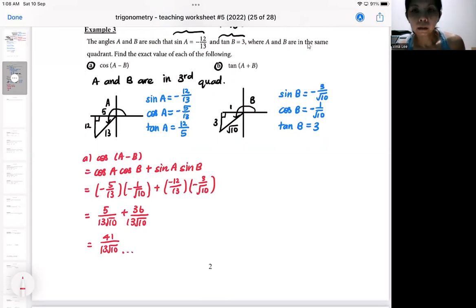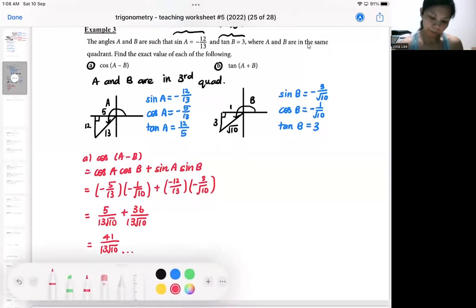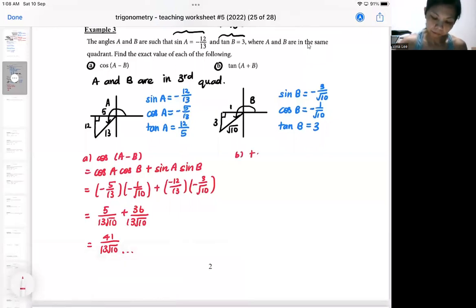Do your own rationalization. The same thing happens for tangent A plus B. Write out the formula first. Do not skip the part on writing out the formula. Write out before you put in the fraction.